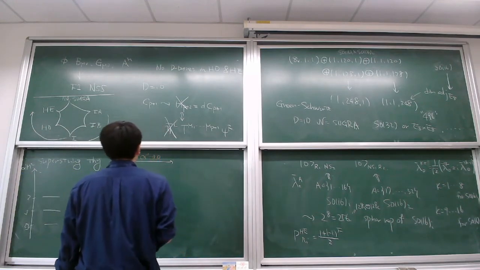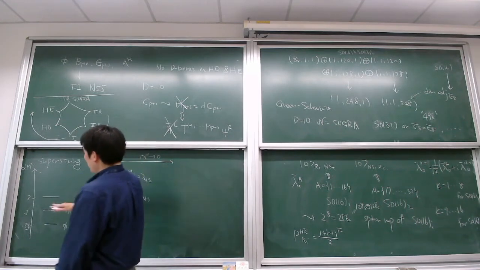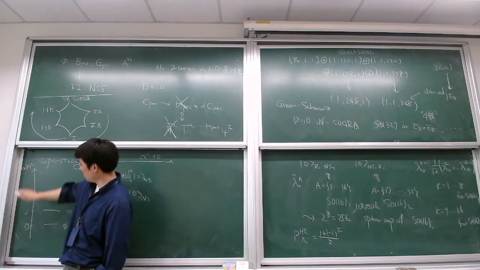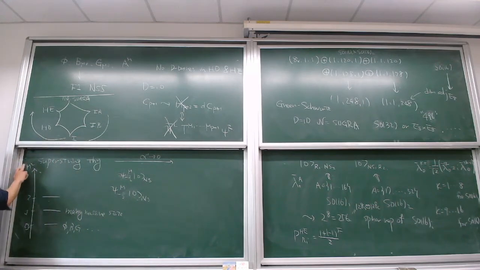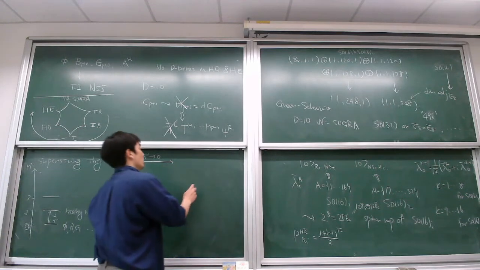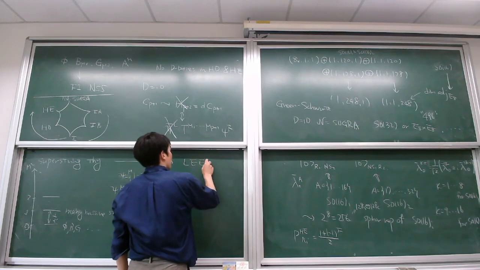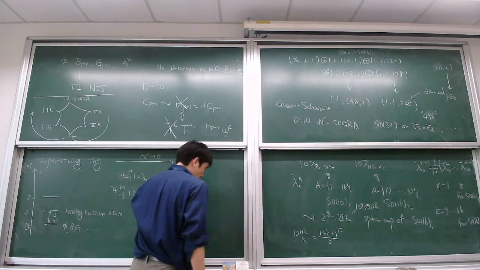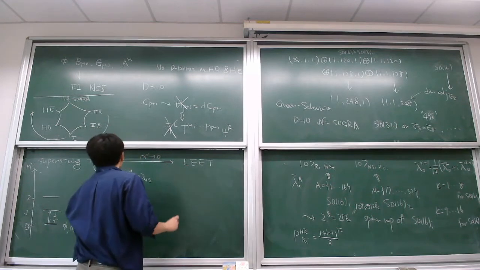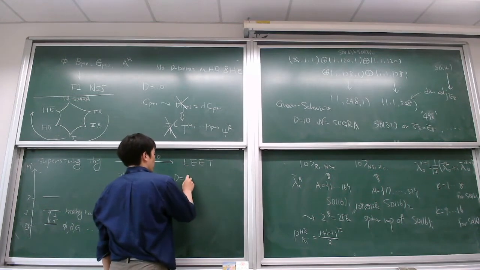If you take alpha prime goes to 0, then the mass goes as 1 over alpha prime, so once you set alpha prime to 0, these modes go to infinity. And you only look at the massless modes. That is called the low energy effective theory, which is called d equal to 10 supergravity.